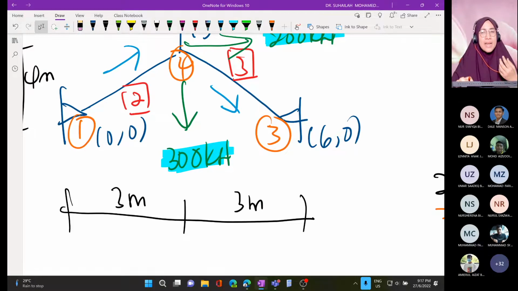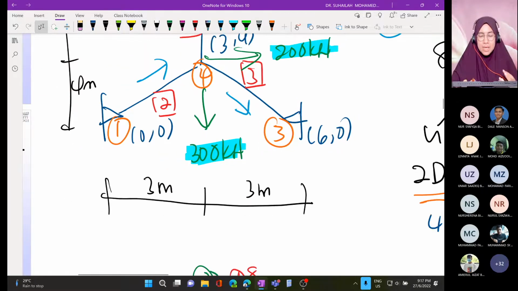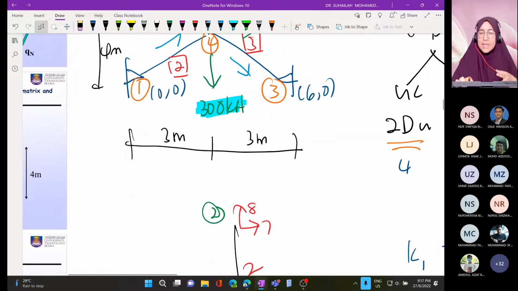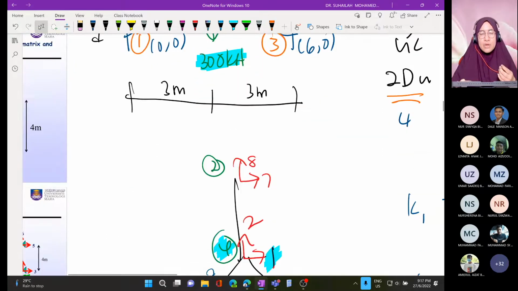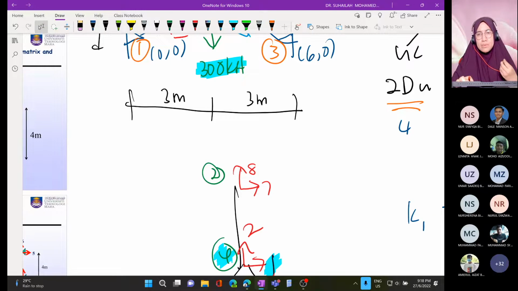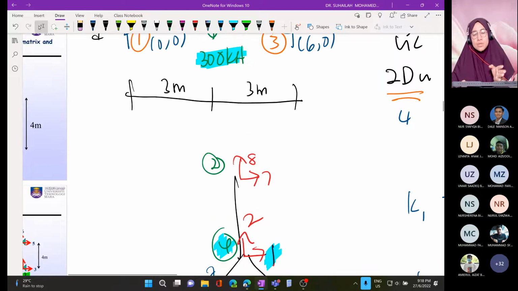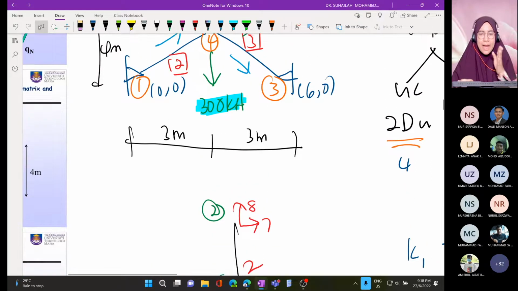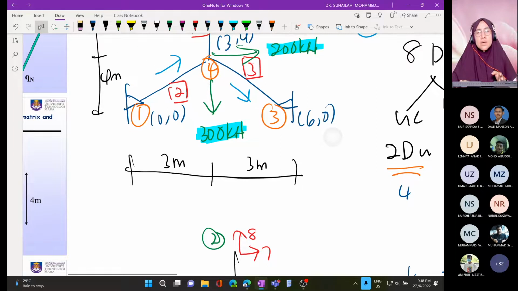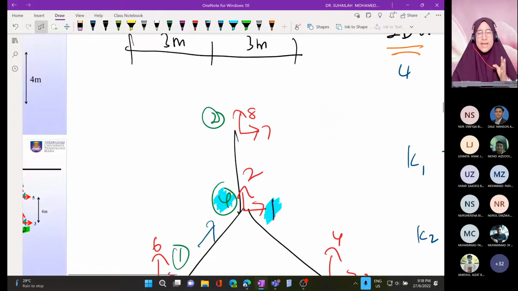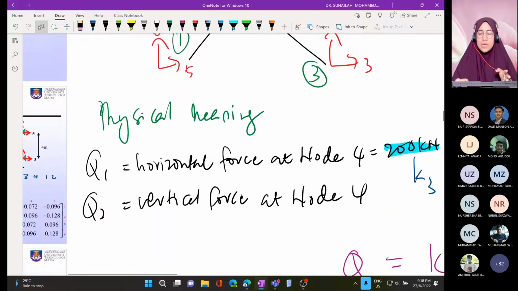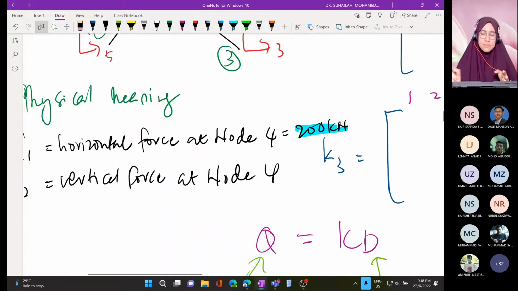It is negative 300, because it is opposite to the sign convention. 2 is the upward direction, while 300 is in the downward direction. It is opposite, so that is why the value is negative. This is negative 300 kilonewton.